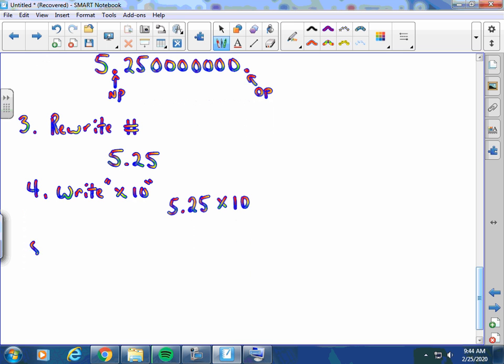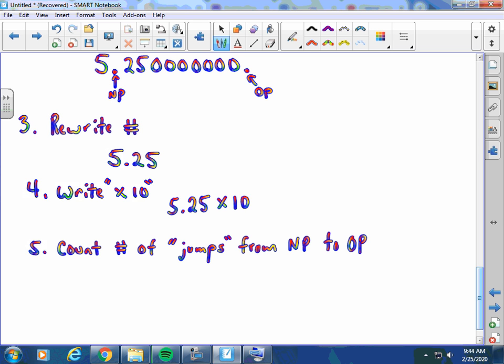So step 5, count the number of jumps from the new point to the old point, or original point. Okay? So if I do that up there, if I jump 1, it puts it behind the 2, 2, 3, 4, 5, 6, 7, 8, 9.